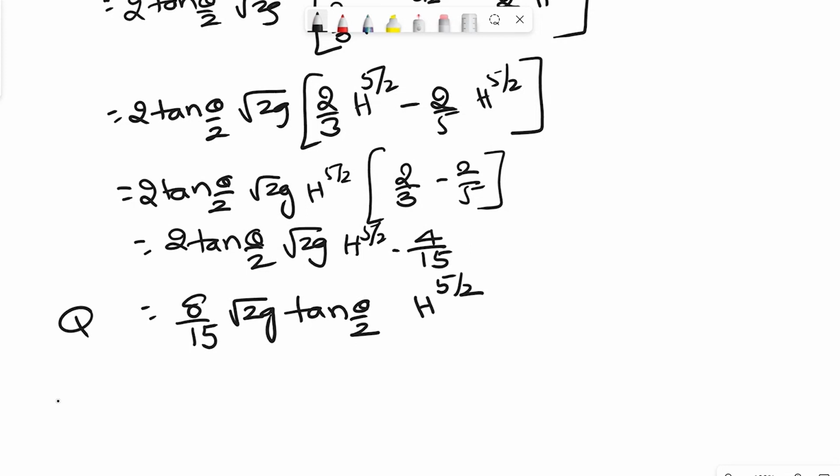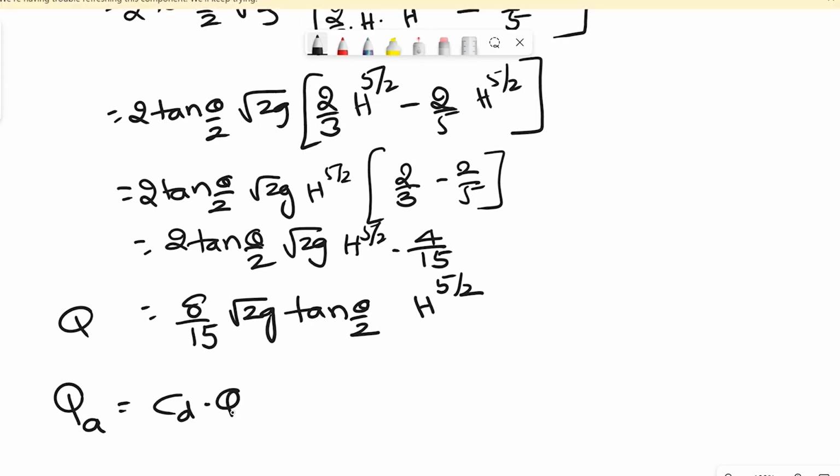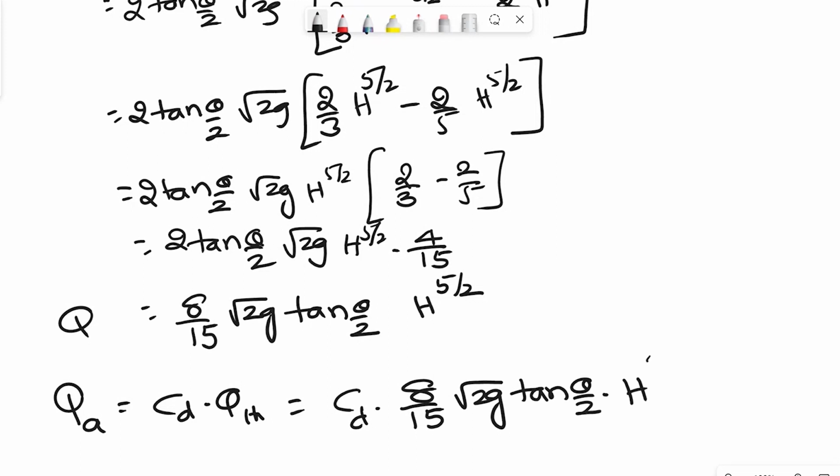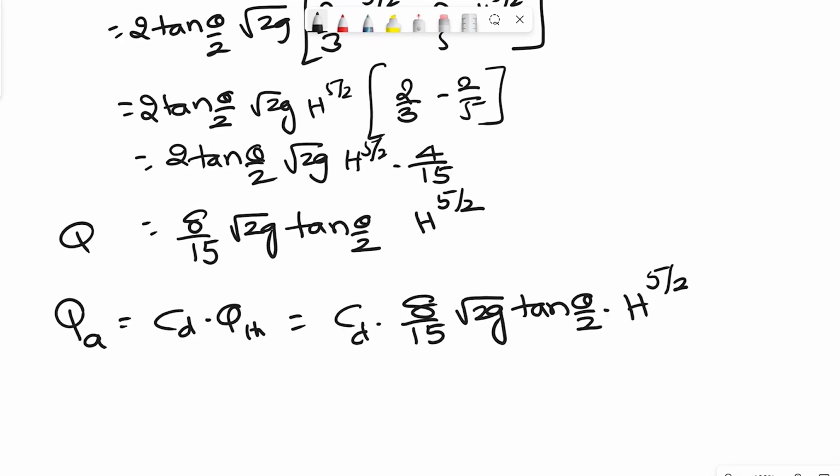This is Q theoretical. Therefore actual discharge is equal to CD into Q theoretical. It is CD into 8 by 15 root 2g tan theta by 2 into H to the power of 5 by 2. So this is the equation that we use for determining the discharge in the case of a V notch.